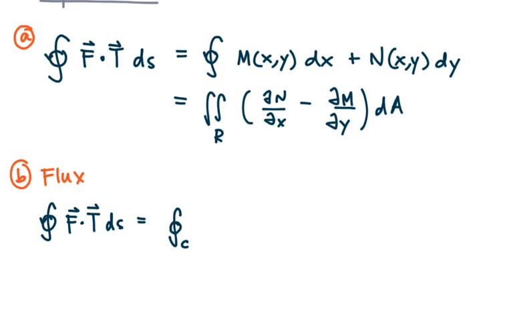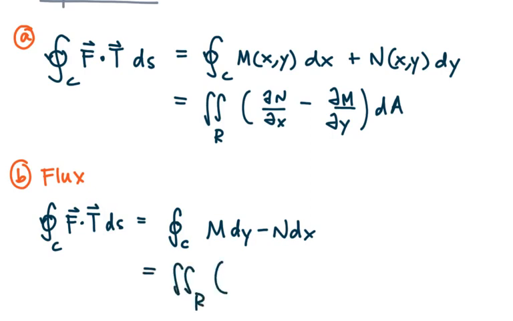as the line integral over C. I left my C's off up there, but the line integral across C of M dy minus N dx, or rather the double integral over R of partial M with respect to x plus partial N with respect to y, dA.